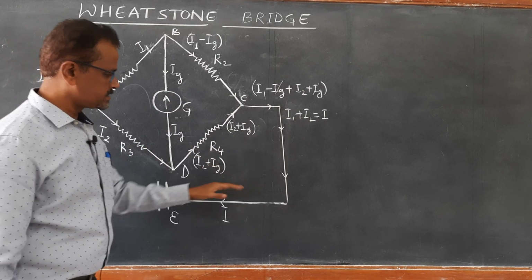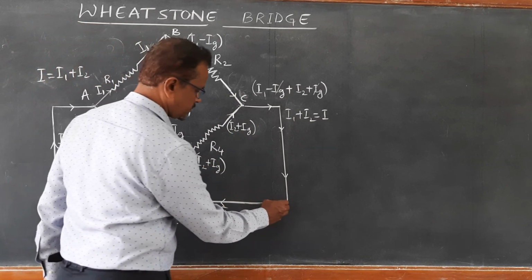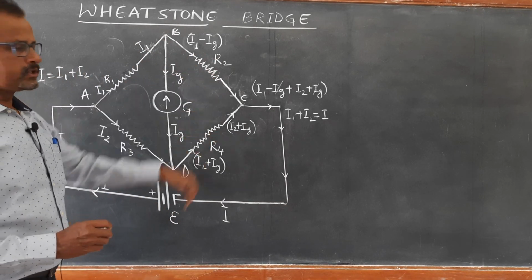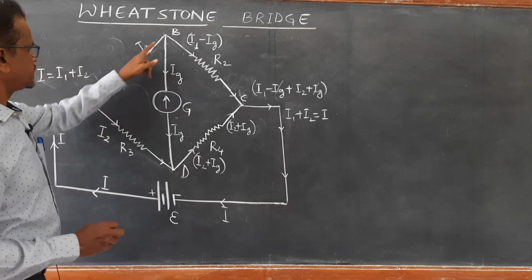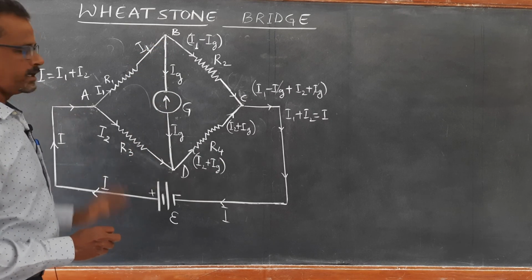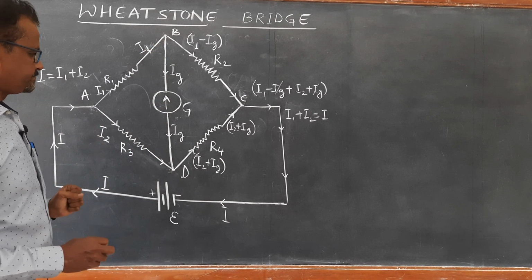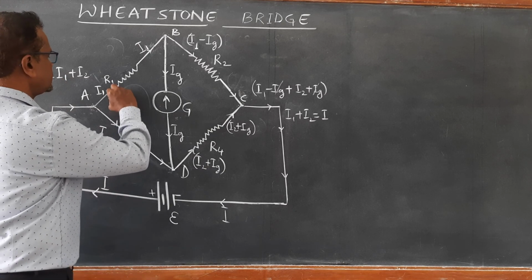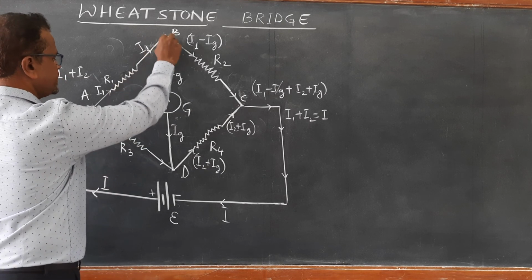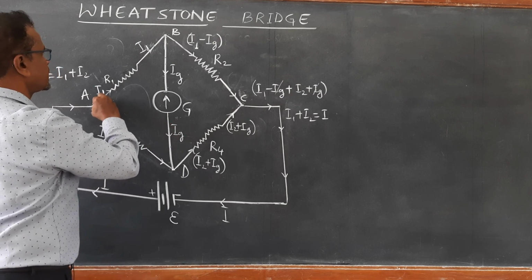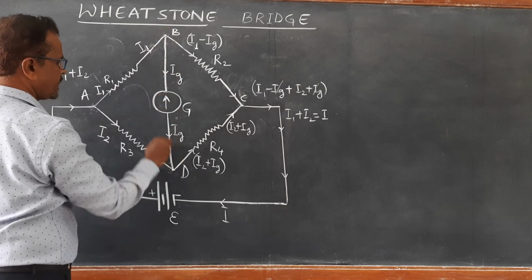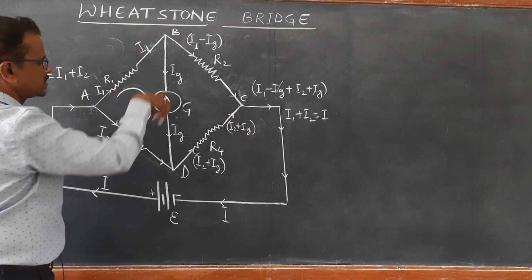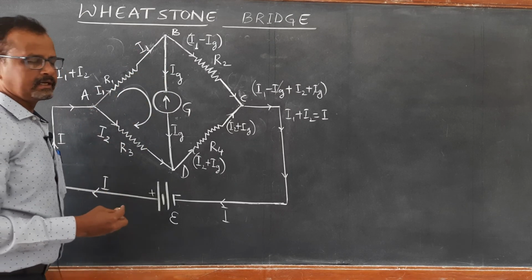Now the circuit is closed, and I am applying Kirchhoff's voltage law to the loop ABDA. Looking at the path of the current, it goes from A to B, B to D in the clockwise sense, so I will choose the clockwise sense to apply KVL.